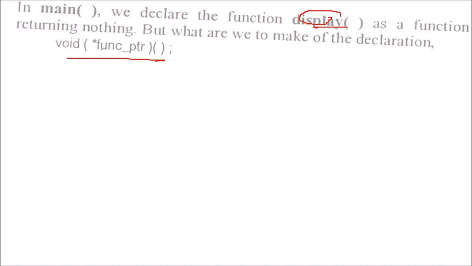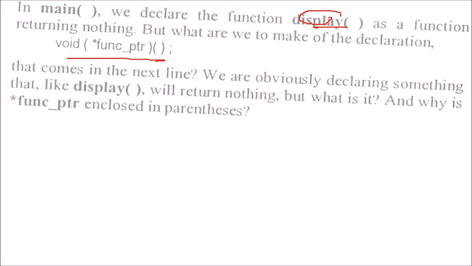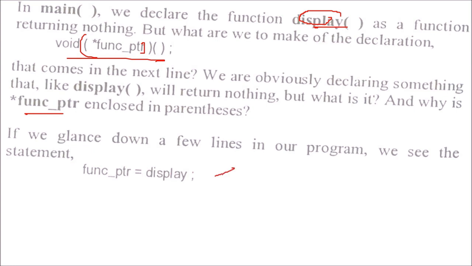So what is this declaration? We are declaring the function which is upcoming, display, which is going to return nothing, and this function pointer is enclosed inside a parenthesis. If we take a look at the assignment of display in our program, we are assigning the address. This display is nothing but the address assigned to the function pointer.